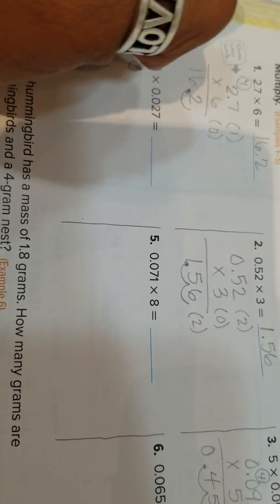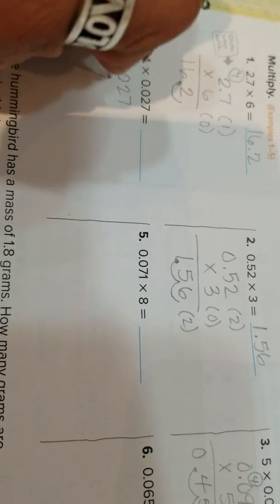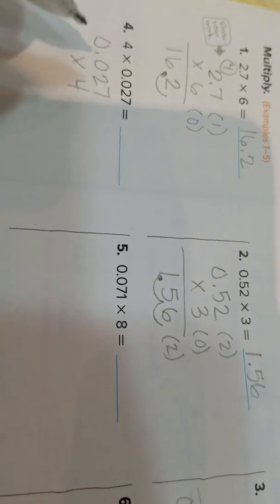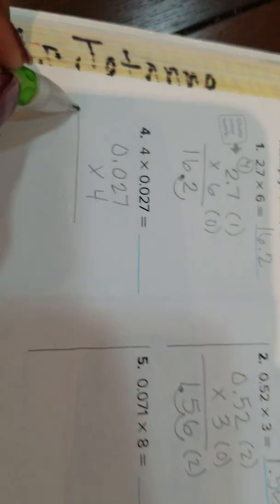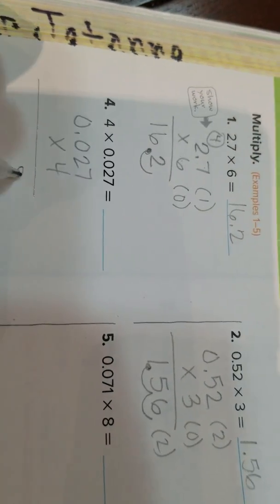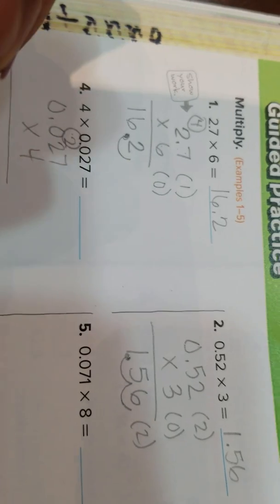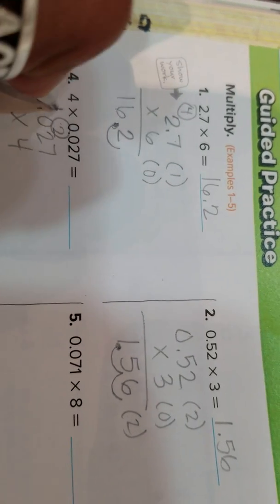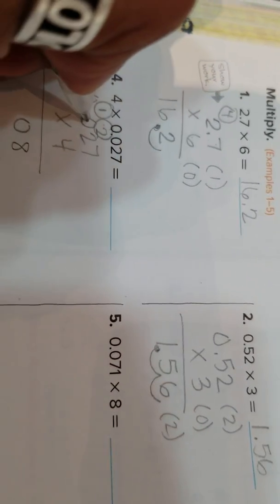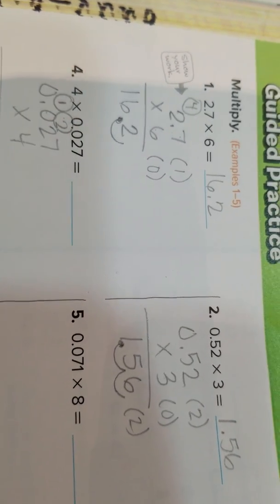Question 4. Start with our longest number, 0.027 times 4. 7 times 4 is 28. Carry a 2. 4 times 2 is 8. Plus 2 is 10. So we put a 0, carry a 1. 4 times 0 is 0. Plus 1 is 1.